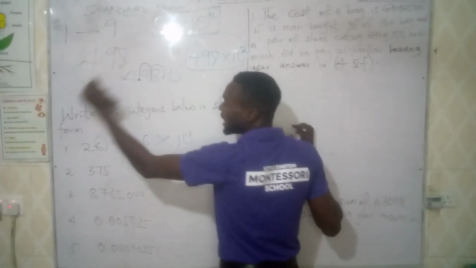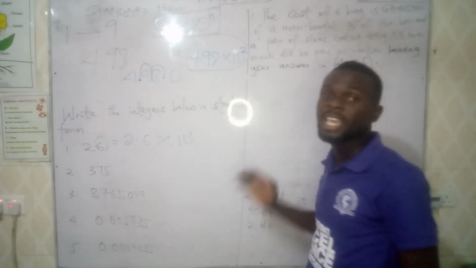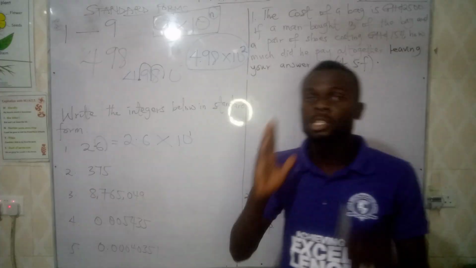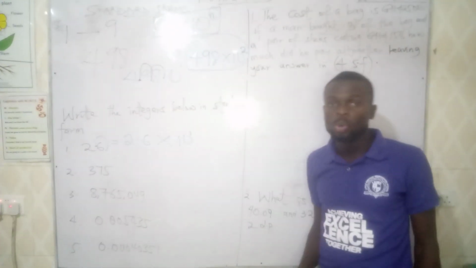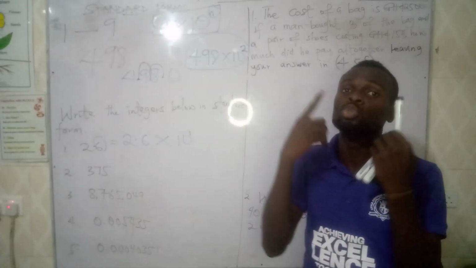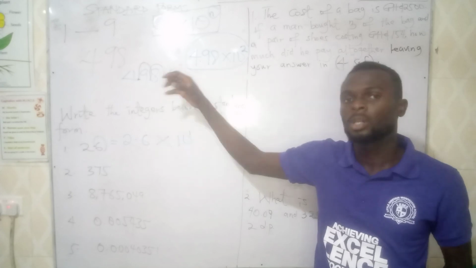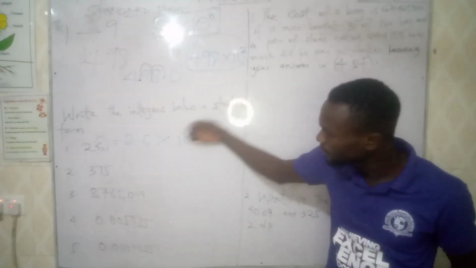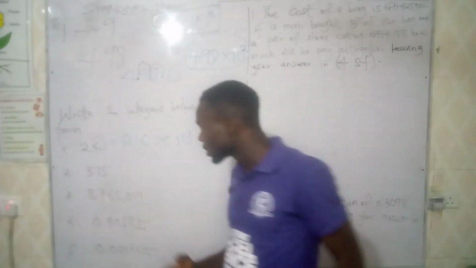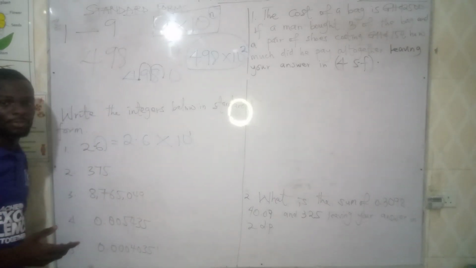So moving to the left, the power of 10 is going to be a positive figure. It is always important to know the direction helps us to know the sign to be given to the power of 10. Good. And therefore, we've been able to write this in a standard form.